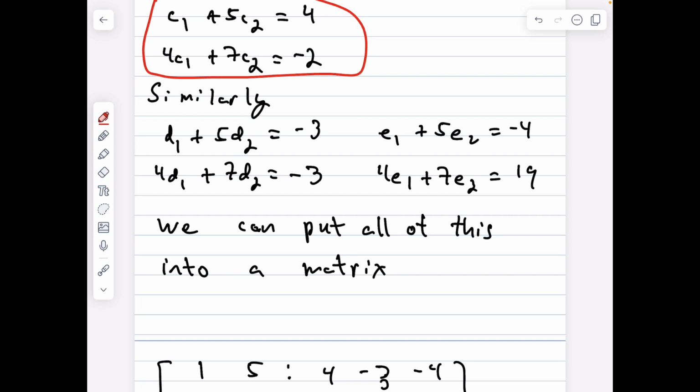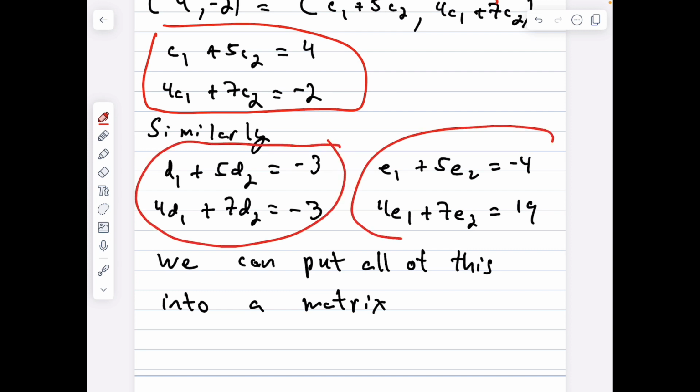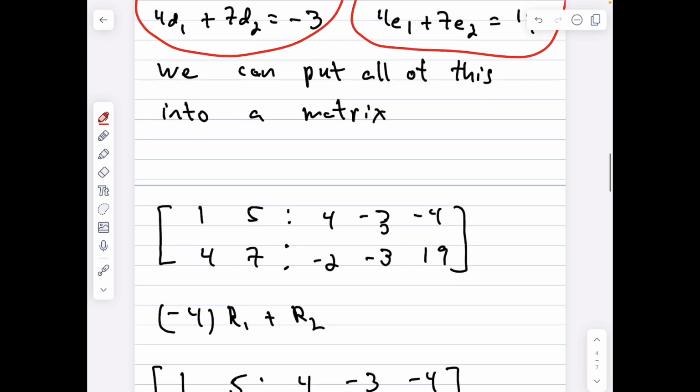And the reason we can do that is because if you look at the systems of equations that you see here, if you were to solve them using a matrix for each individually, the coefficient matrix would be the same, and all the operations that you would use to row reduce would be the same. So that's what I did over here.